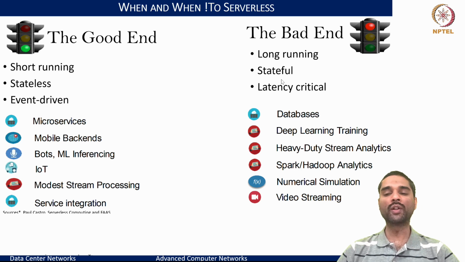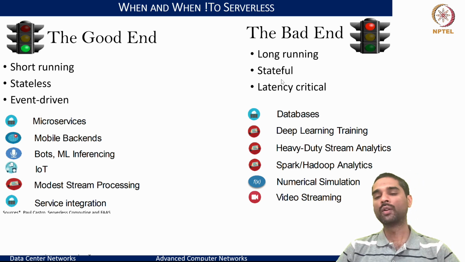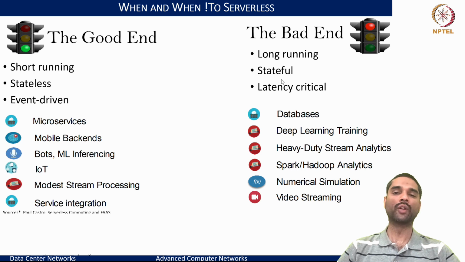And any of the numerical simulations that we think of that are going to take a lot of computation time, being compute heavy and running forever to do a certain job, then running those as serverless functions would not be the right fit. And likewise, the long video streams that we would want to run may also not be the right fit when it comes to serverless functions.